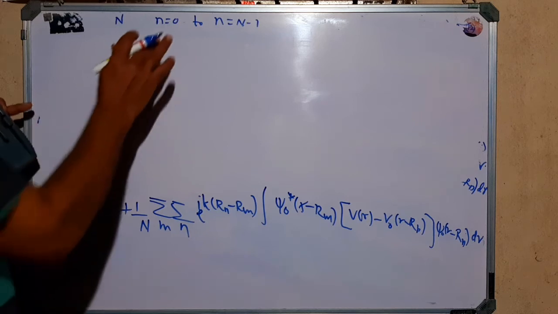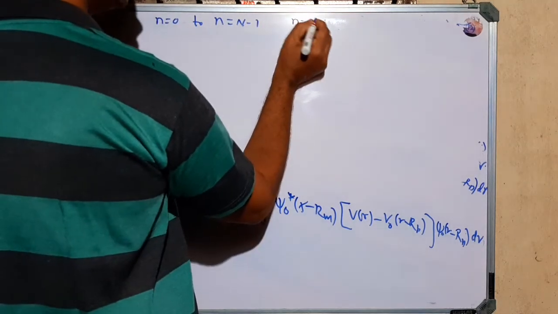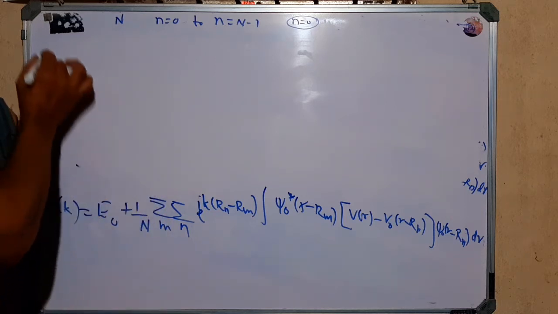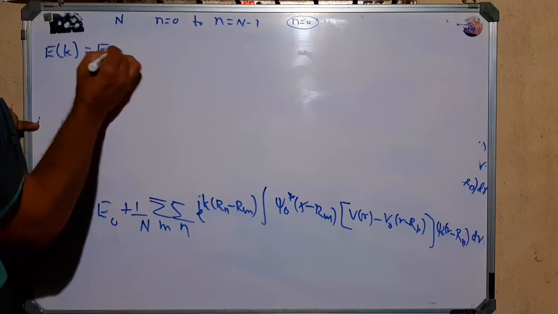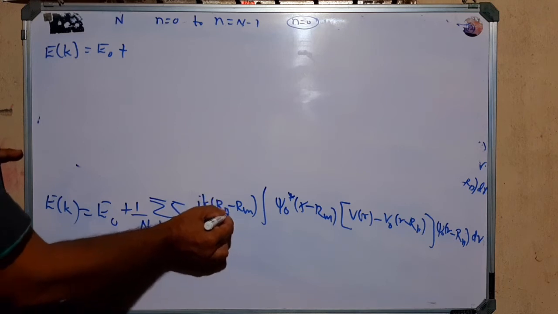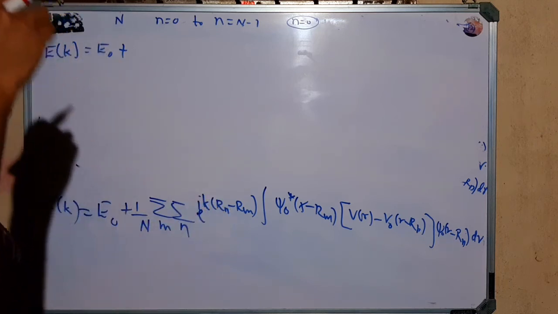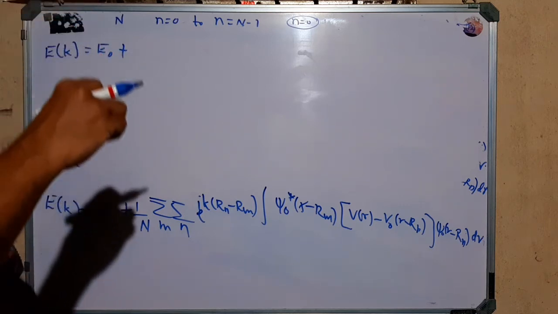By considering this, for the simplest case n is equal to 0, we can easily proceed. If n is equal to 0, E of k is equal to E naught plus... n is equal to 0 means you are considering an atom which is present at the origin.